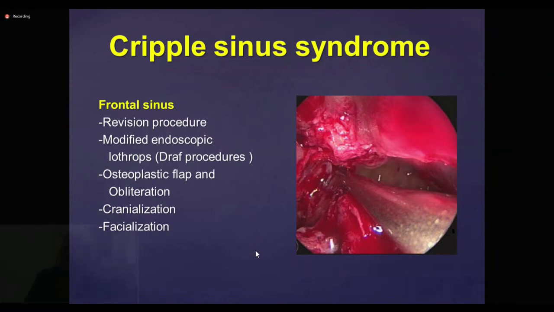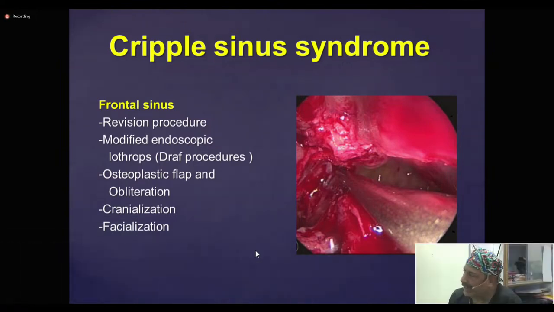If you try to do that in large frontal sinuses with a lot of convolutions, convexity, and scallopings, it is very, very difficult to remove the mucosa in entirety, and then obliteration is not indicated. In such large frontal sinuses, if you take up obliteration, you may not be able to clear the mucosa thoroughly, and if you try to obliterate, it can lead to mucocele further if the mucosa is left behind.